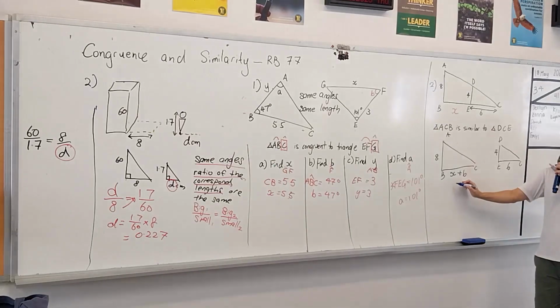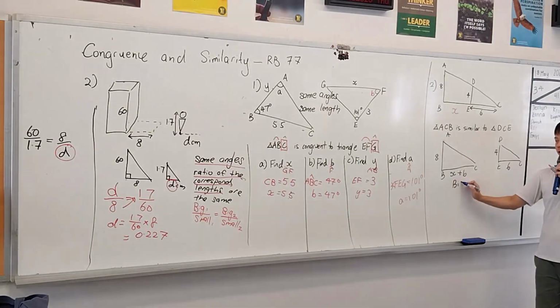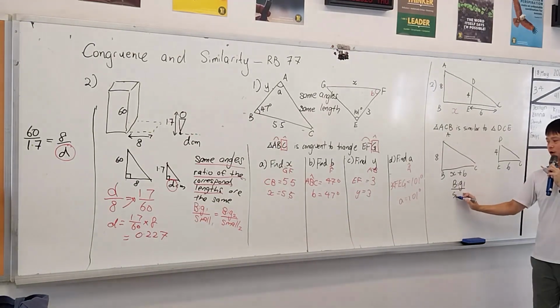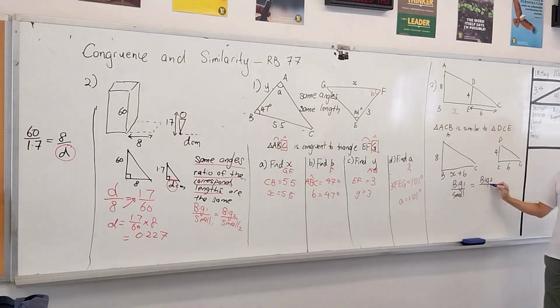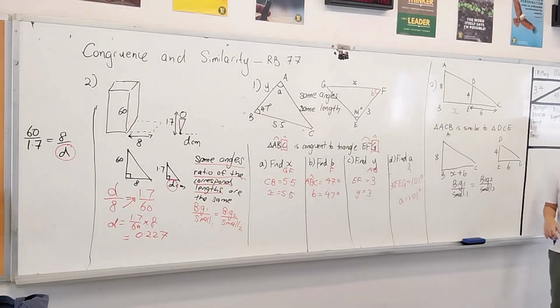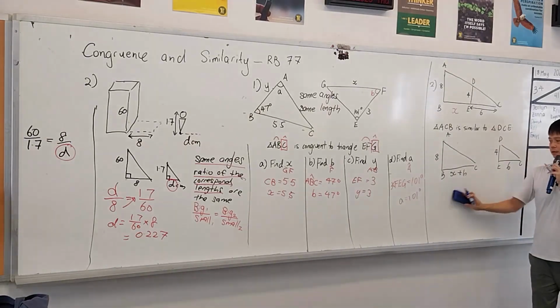Big over small equals big over small. Since I start from here, this is the X I want. I will start with the big one over the small one, equals the big one over the small one. Never mind, 1 or 2 doesn't matter. I just remember big, small, big, small. So what do we start with first?